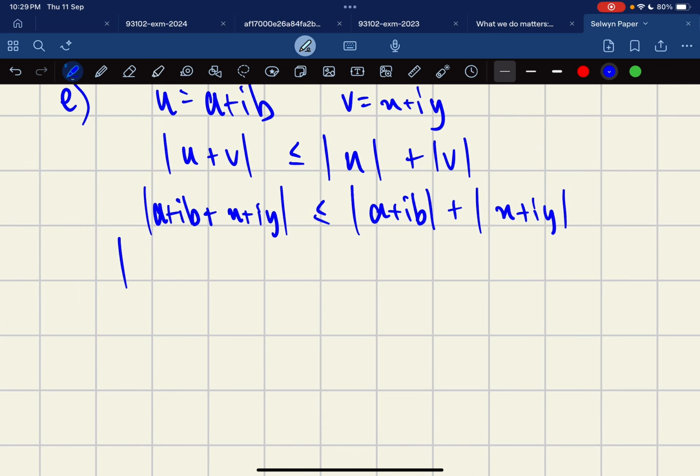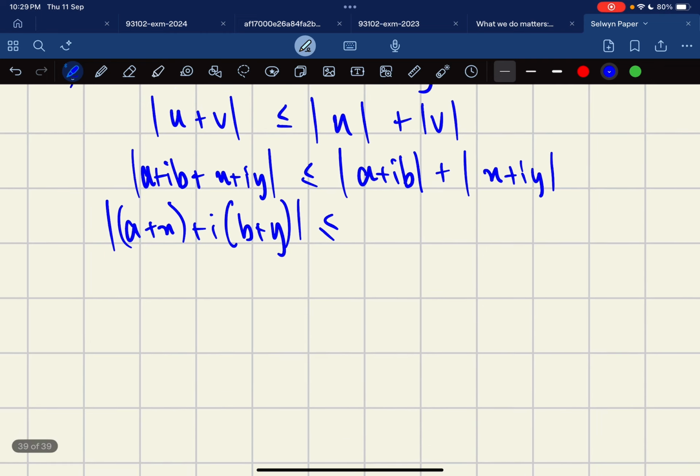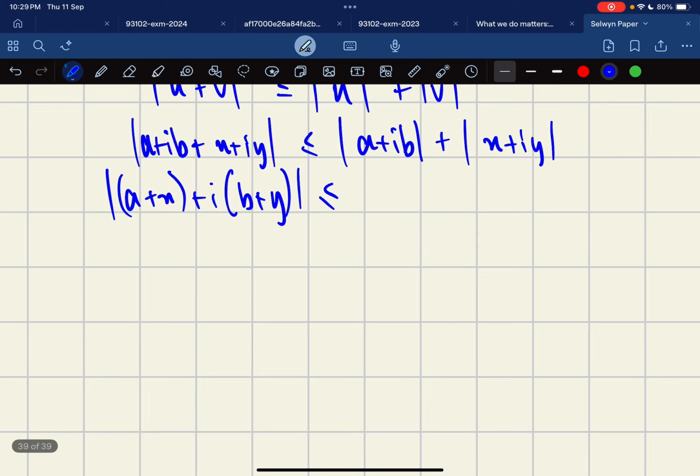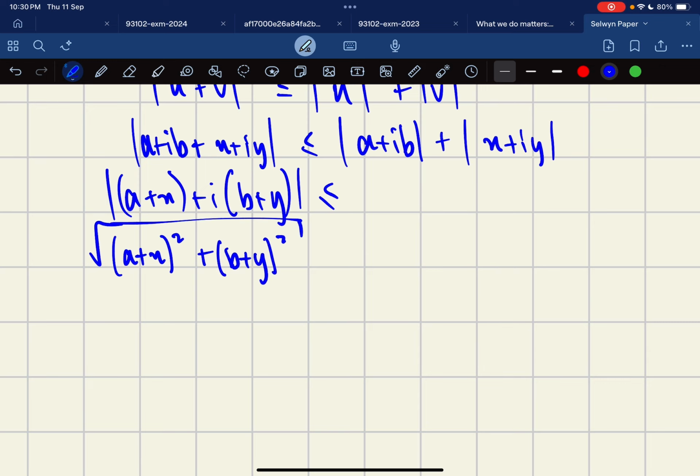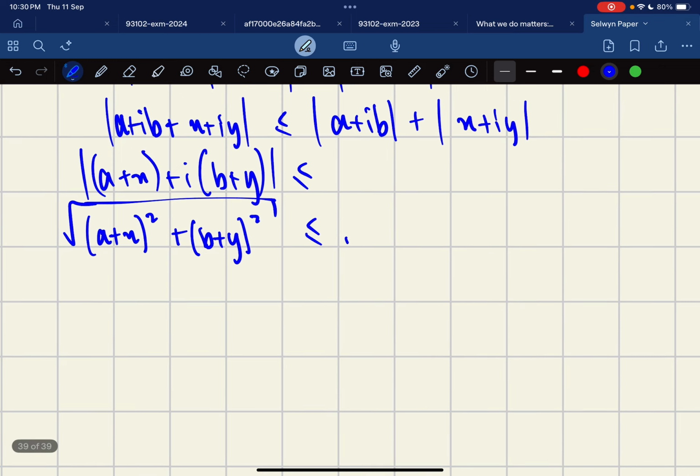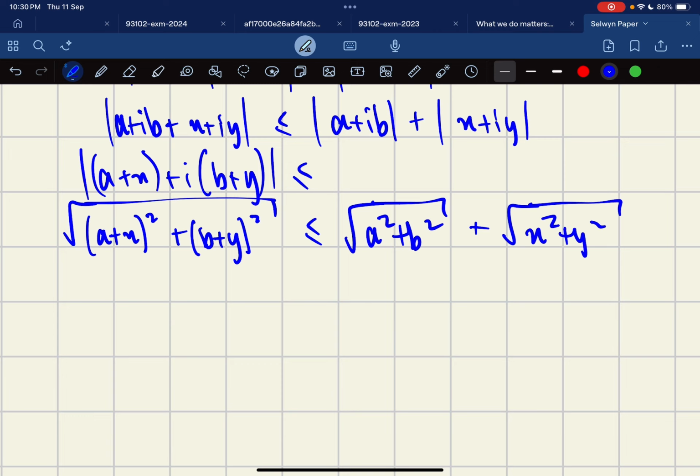Group the real parts on the left hand side as a plus x and the imaginary parts as b plus y. Keep that all the same. And then we can take the modulus on both sides. So this is going to be the square root of a plus x squared plus b plus y squared, all rooted, less than or equal to the square root of a squared plus b squared plus the square root of x squared plus y squared.